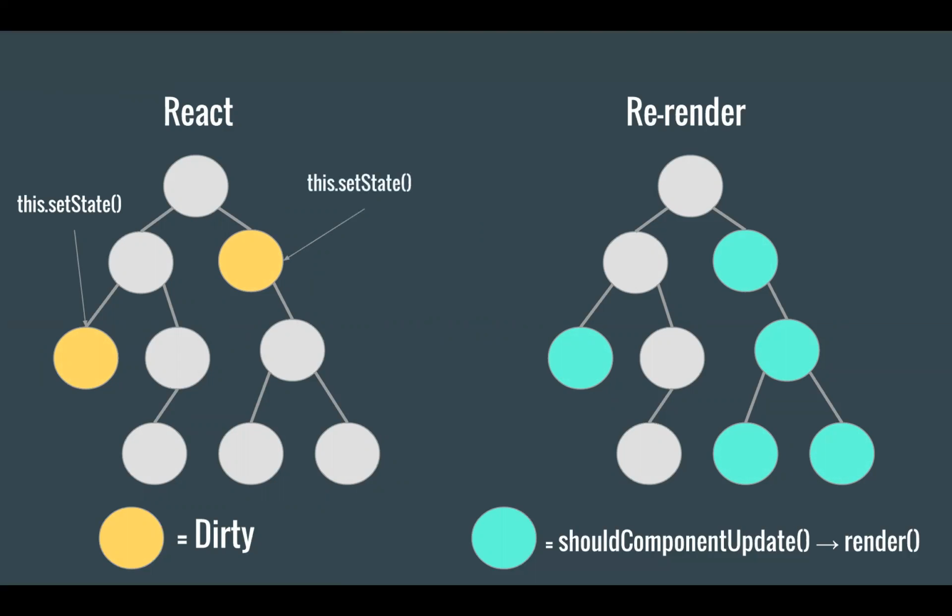And so this is how it more efficiently renders selective pieces of the DOM, and how you can have more control over what it re-renders. So for instance, say with one of these child nodes, you don't want it to re-render.